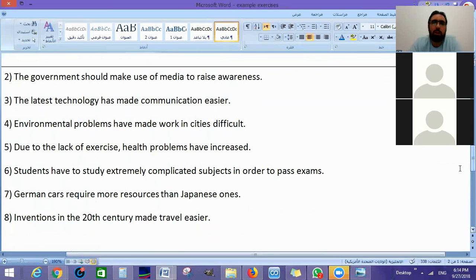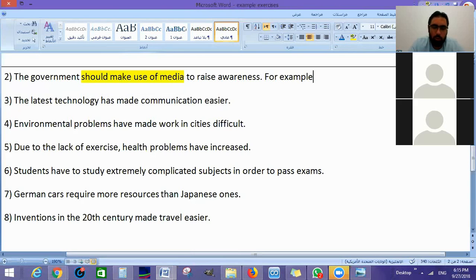The government should make use of media to raise awareness. So, what did we say? We could give an example of the media that the government should take advantage of.